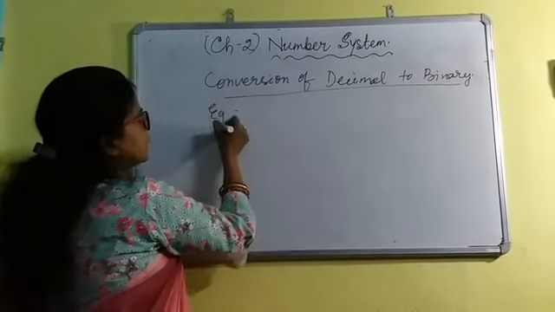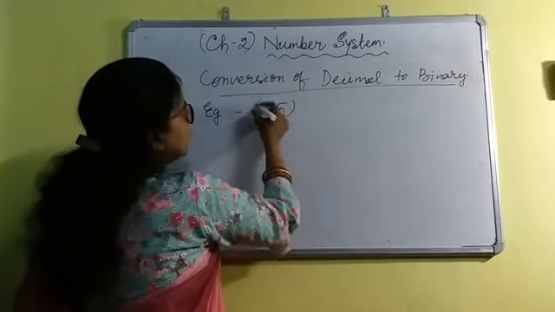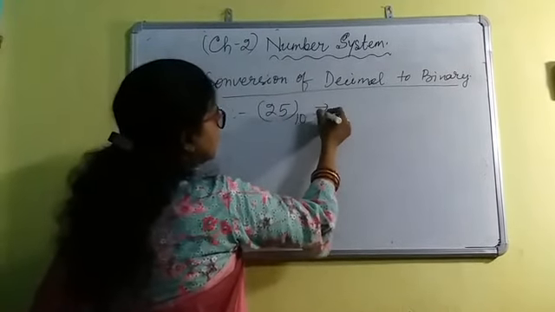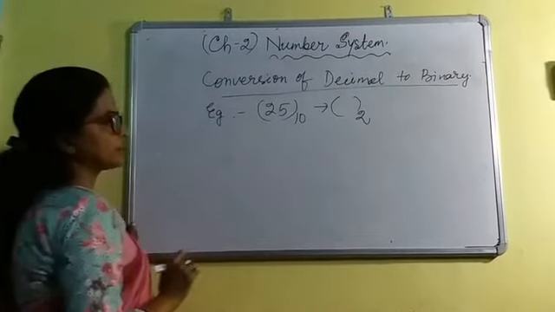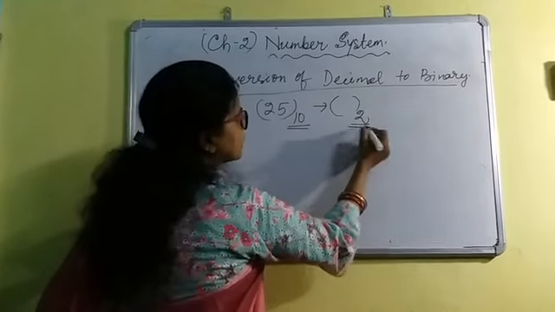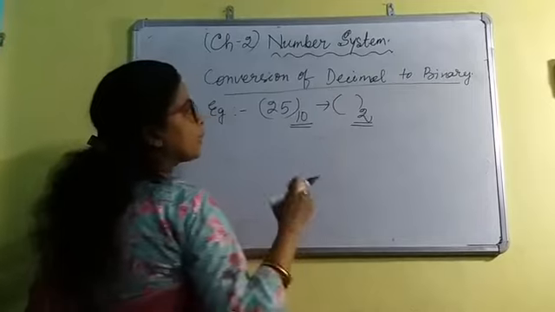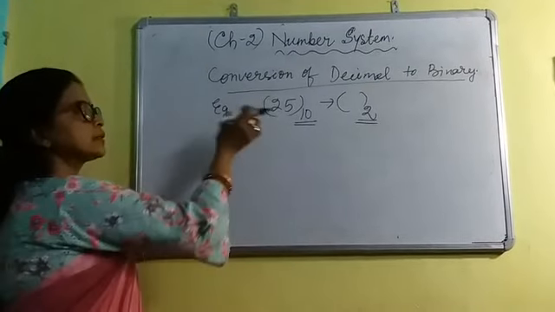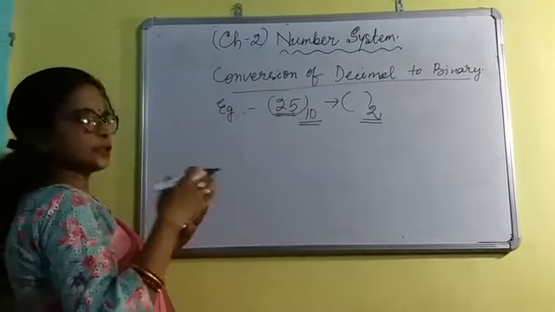Suppose I take one example: 25. 25 is a decimal number, with base 10. I have to convert it into base 2, that is, into ones and zeros form.